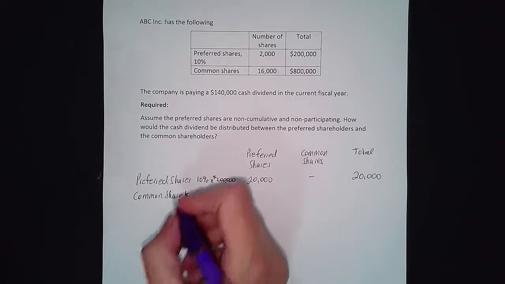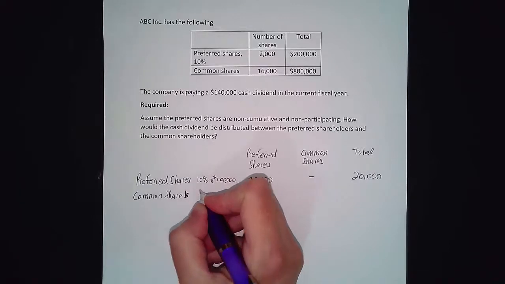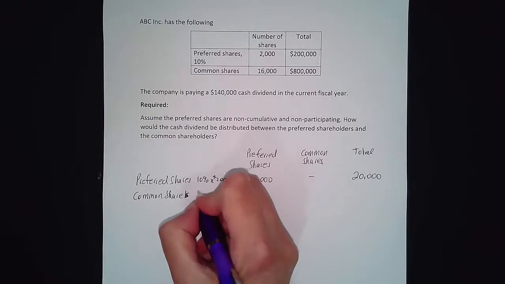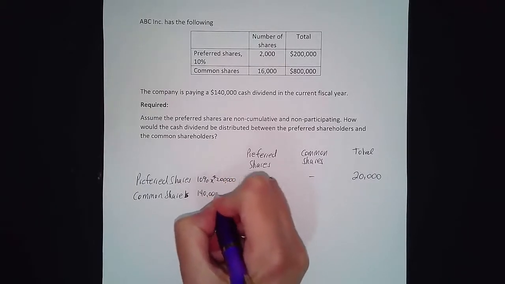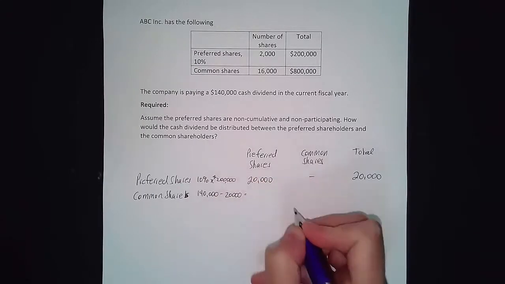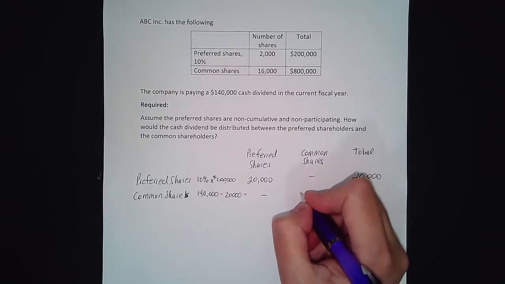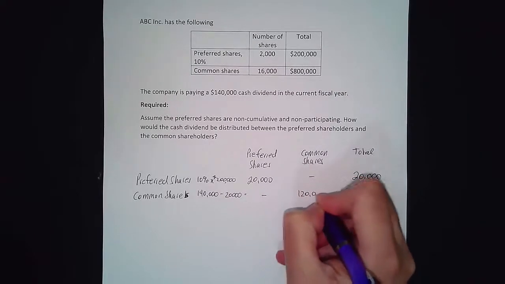Now what about the common shares? They're going to receive the remainder of the cash dividend. So if I take the full cash dividend of $140,000 and I subtract the $20,000 that we are paying to the preferred shareholders, the common shareholders are going to receive a full $120,000.